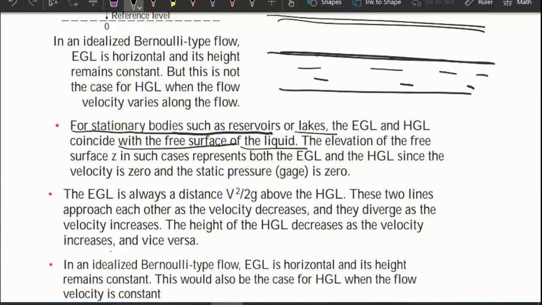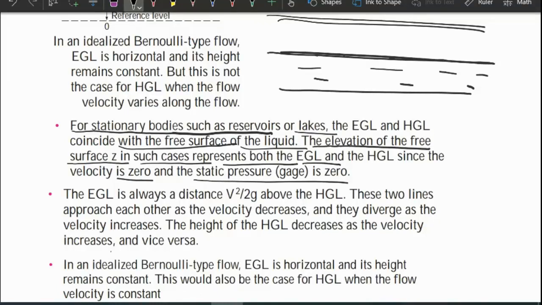So for stationary bodies, EGL and HGL coincide with the free surface of the liquid. The elevation of the free surface Z in such a case represents both EGL and HGL, since the velocity is 0 and the static pressure is 0.